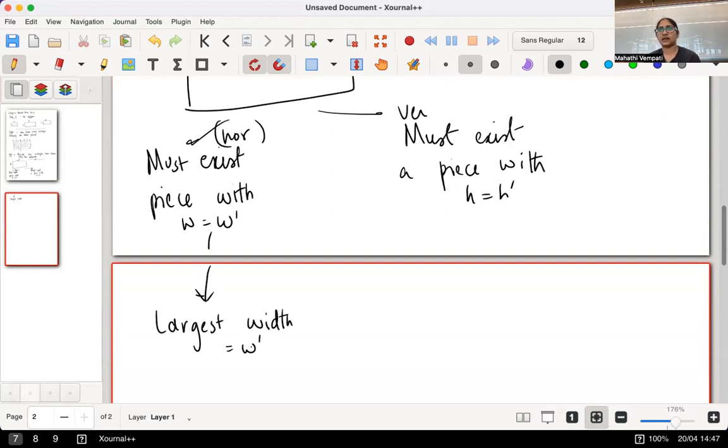The reason being that's the piece that was never cut vertically, so that must be the width. And same here in this case, the largest height you see is the height.